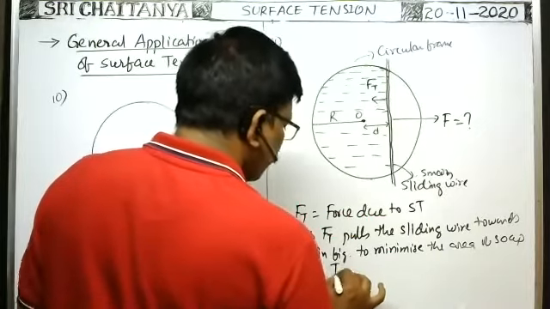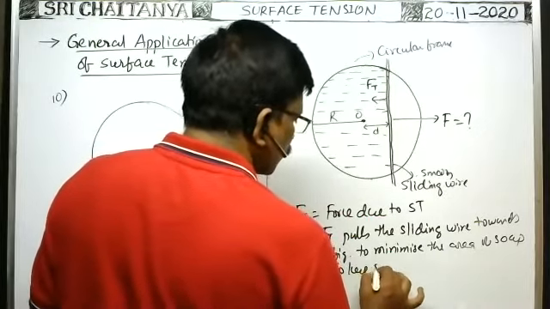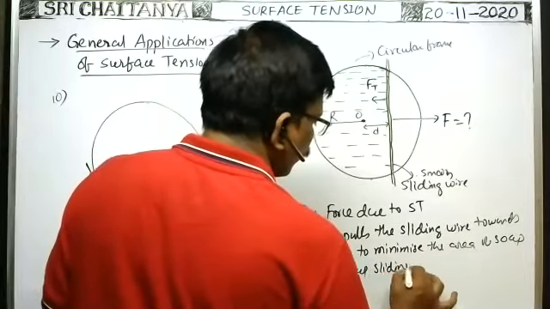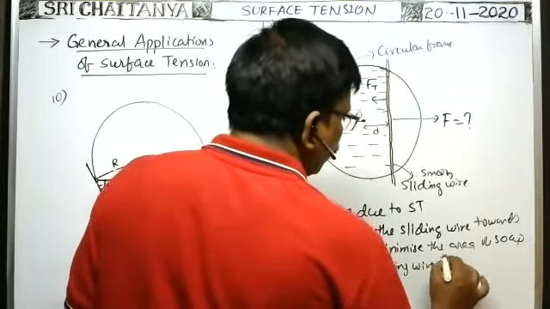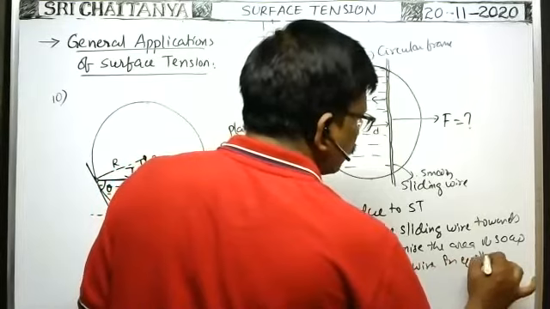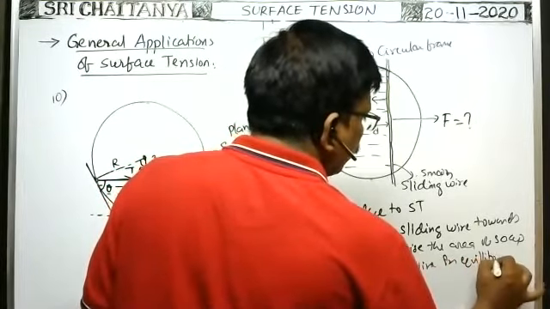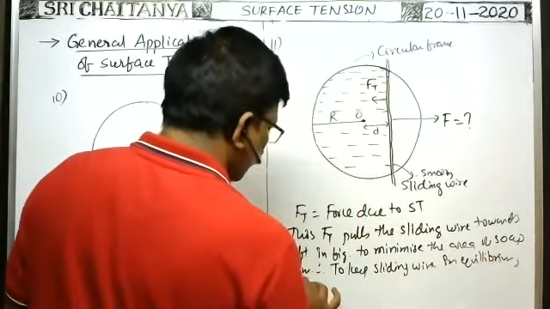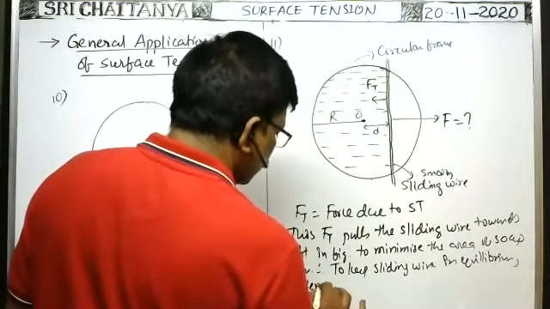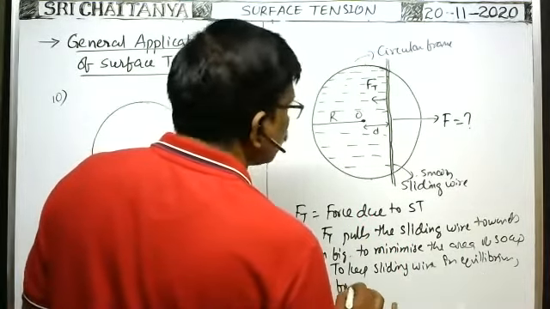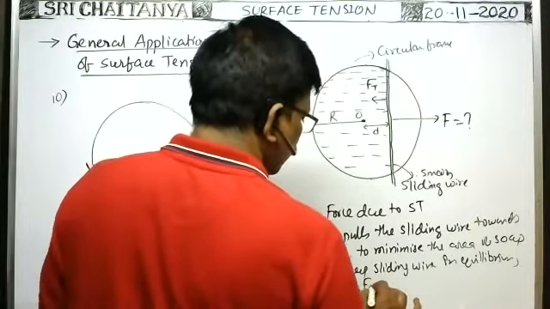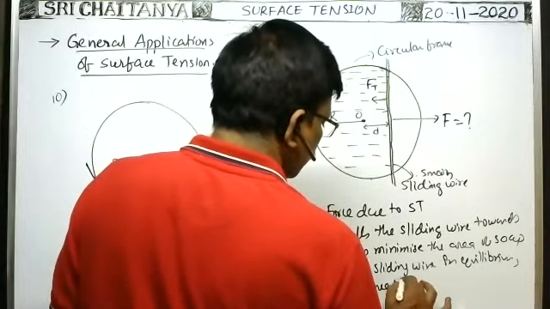Therefore, to keep the sliding wire in equilibrium, what is the external force F needed?